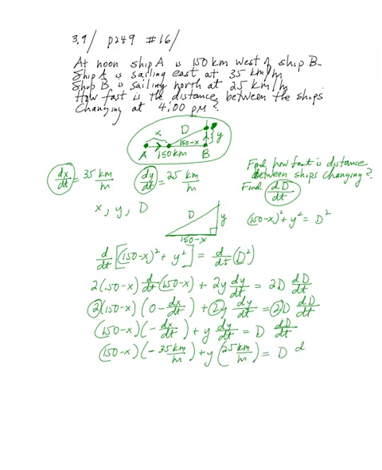And we're trying to find the derivative of d with respect to t. Now, how are we going to find x, y, and d? Look back at the problem. Did they specifically state those values? No, but is there a way we can figure them out?